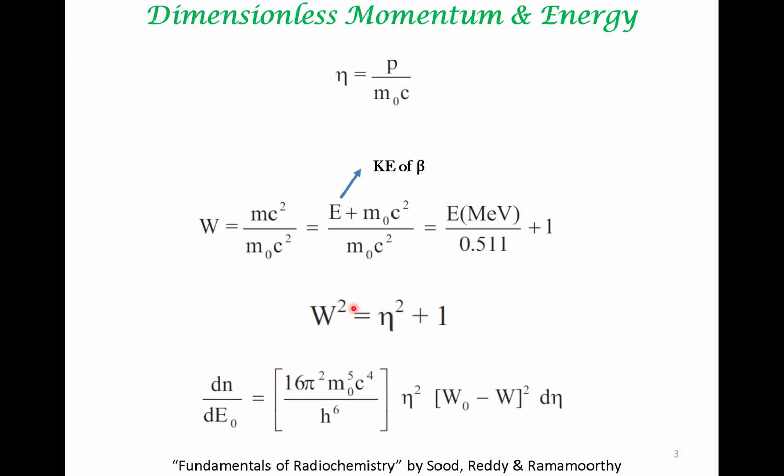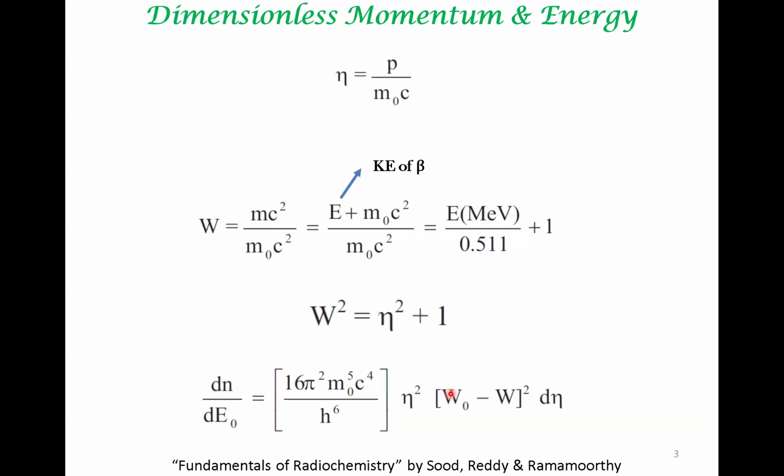So eventually, what we will derive is an expression for a statistical factor. And this term is going to be rather important for explaining the continuous spectra of beta decay.